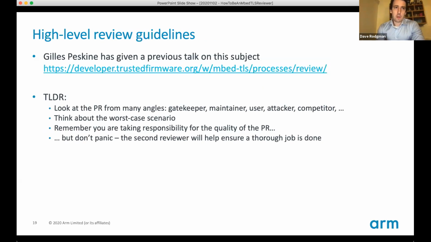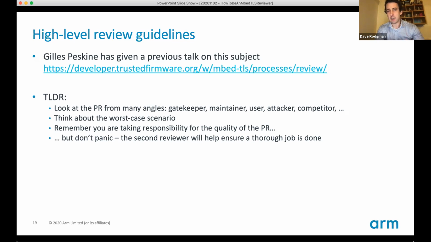At a high level, Gilles gave a really good talk on this previously, which I've linked to here. That talks about some of the general philosophy of approaching a review. My takeaway from that talk was to approach the PR from a bunch of different perspectives.